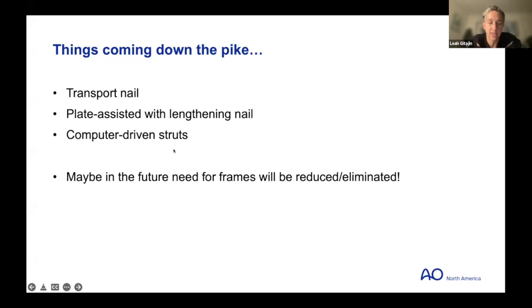Computer driven struts, I think, are coming down the pike from a couple of companies, and having had patients have all sorts of complicated following direction challenges, I guess I'll phrase it as, having a computer that we can program to do it would be very, very nice. And so with some of these things, it's possible that some of our complications will be reduced or eliminated, and maybe we might not need frames in the future.